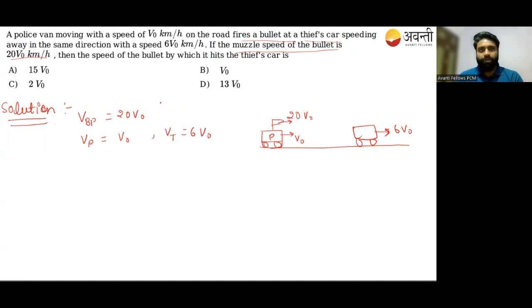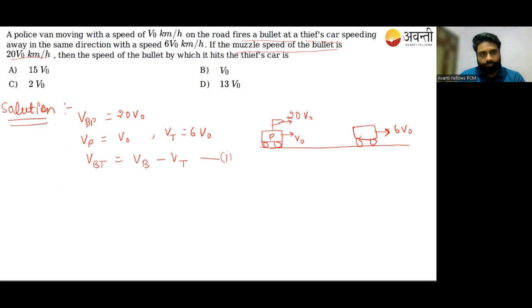Now, what is the speed of the bullet by which it hits the thief's car? We have to find the velocity of the bullet with respect to the thief, and it is nothing but the velocity of the bullet minus the velocity of the thief. So we have to find the velocity of the bullet with respect to ground. This is our equation 1.